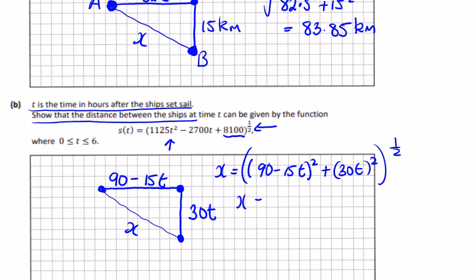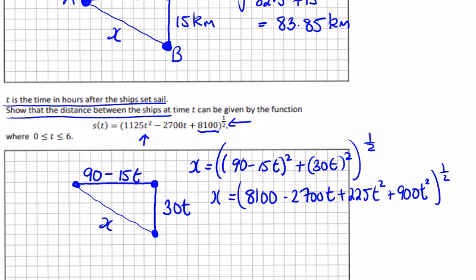So I multiply out the first bracket. 90 squared is 8100. 90 by 15t twice, well that's 1350 twice, minus 2700t, and 15 by itself is 225t squared. That's the first bracket. Second is just 900t squared, and that's all to the power of a half.